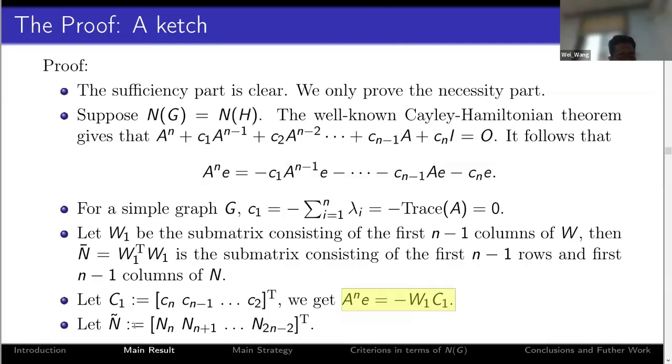Okay, let's denote N-tilde to be another vector. You can see this is just a column, the nth column of the Hankel matrix N. So basically, this one can be obtained from N.